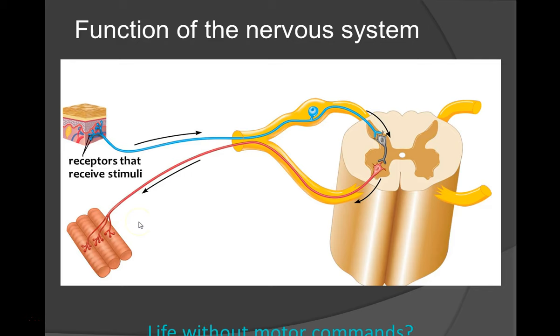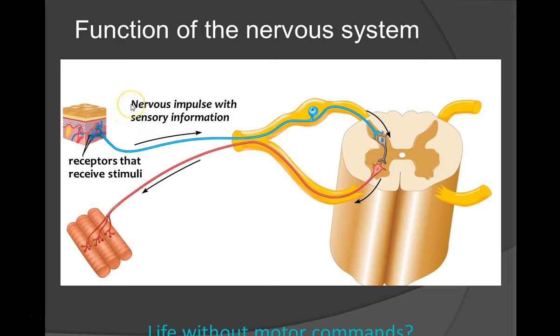Let's put some words in here. As a reminder, skin in this example would sense the stimuli because it has receptors. That information, an electrical signal, travels down this sensory neuron. It's a stimulus, so it's a sensation, so it's a sensory neuron.